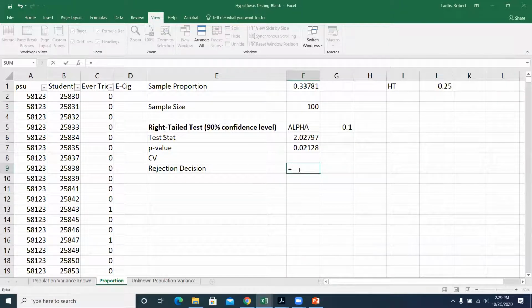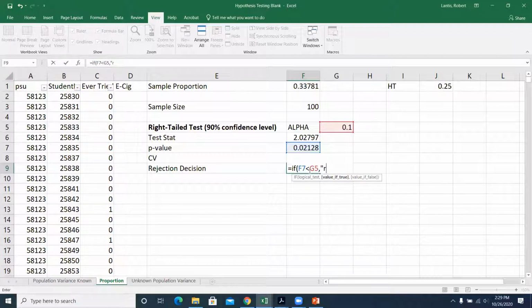It's something we haven't looked at yet, which is the IF statement. If I know that my rejection decision is always going to be reject if the p-value is less than alpha, I could say, okay, IF, and the first thing this IF function takes is, what am I trying to test? Well, I'm trying to test whether or not my p-value is less than my alpha. If that's true, comma, what do you want to put in this cell if it's true?